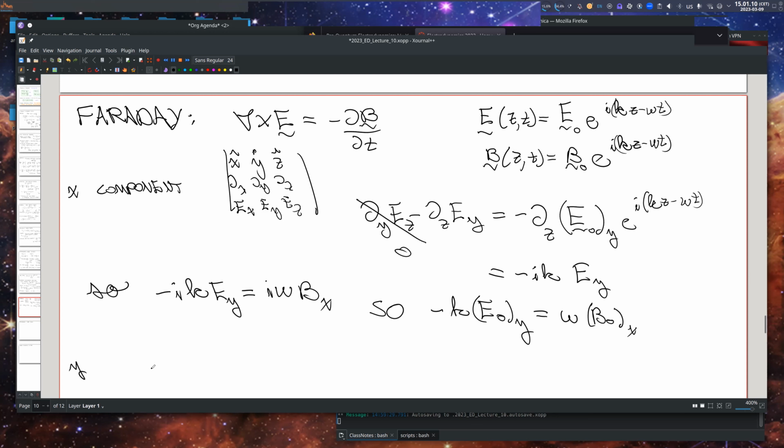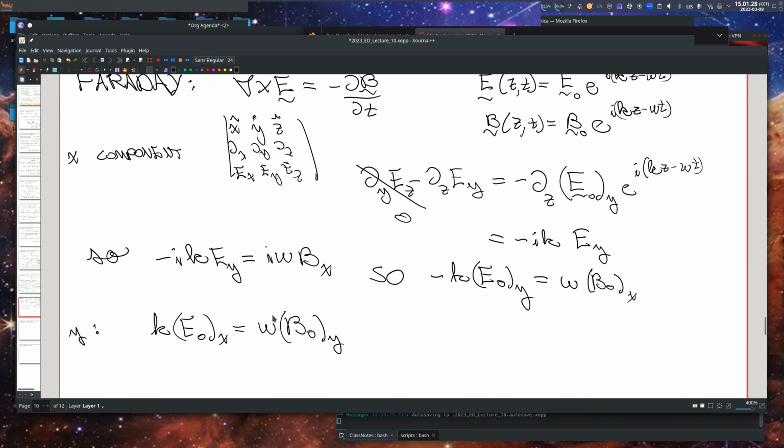So I just get then that k times E0 x has to be equal to B0 y. Okay, so that's for the y component of this. So if you just put these together, you can just look at the components, and there's a good way of writing it.